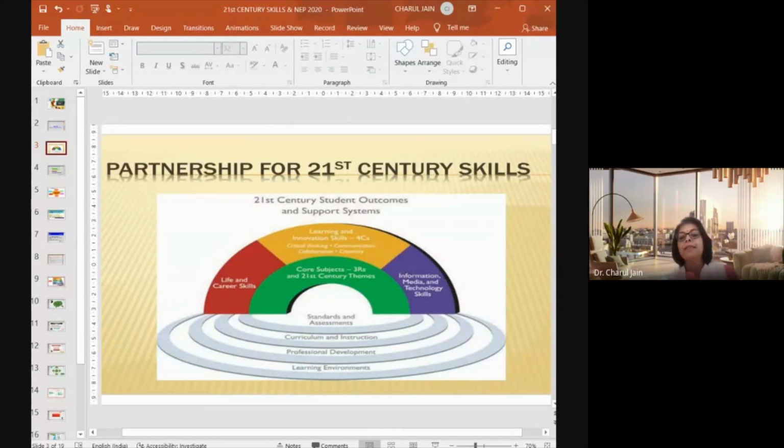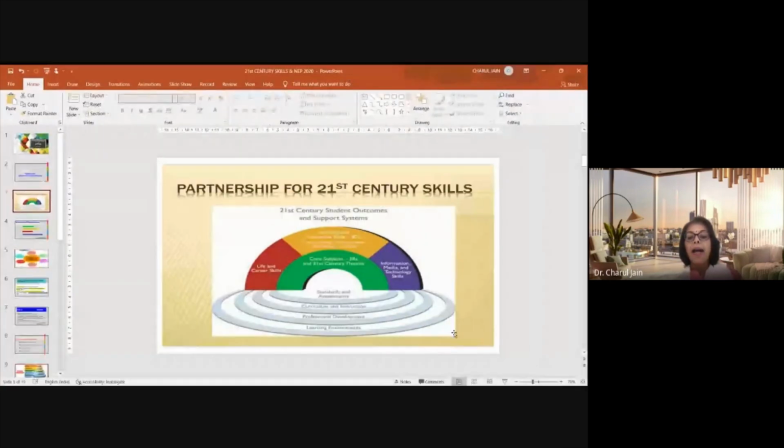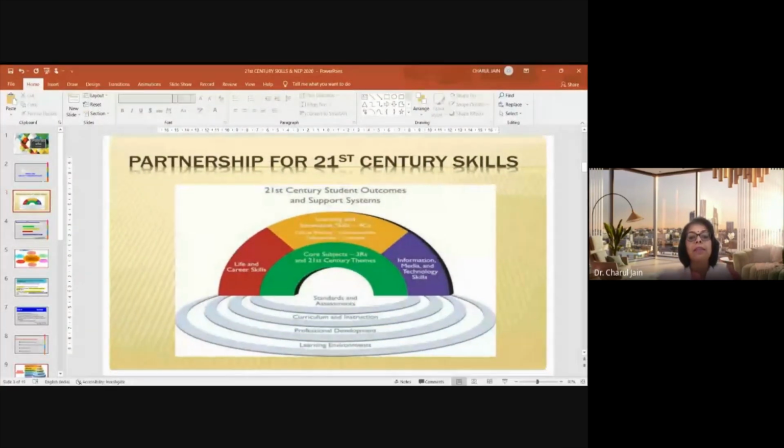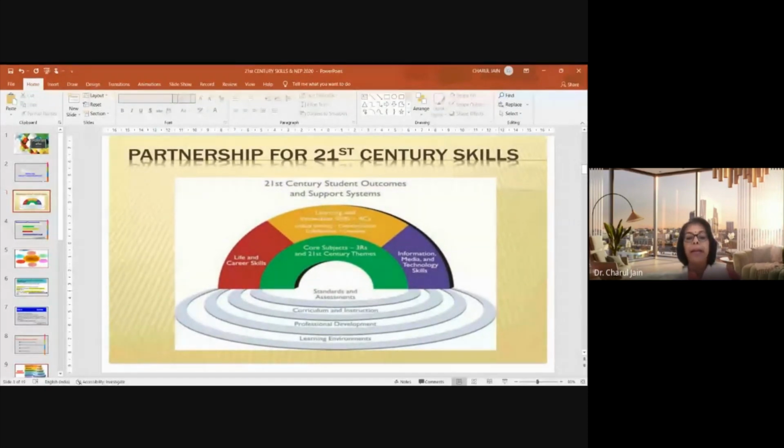Can you all see this diagram that I'm going to explain now? Can I zoom my slide? I can zoom my slide, I don't mind that, but then I would not be able to see the messages that you are putting up. So I am zooming as you requested. Can you see it better?